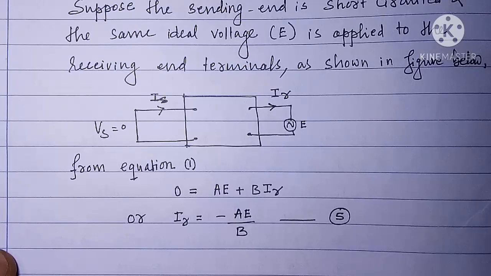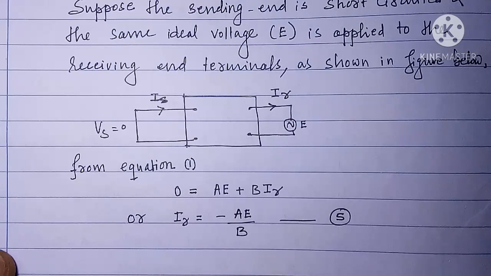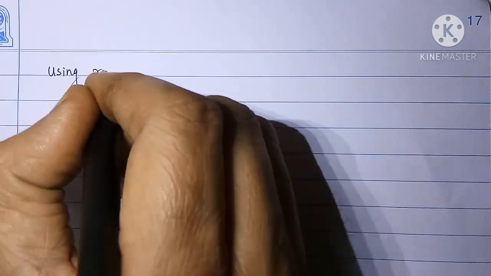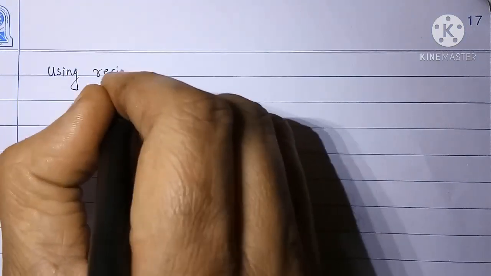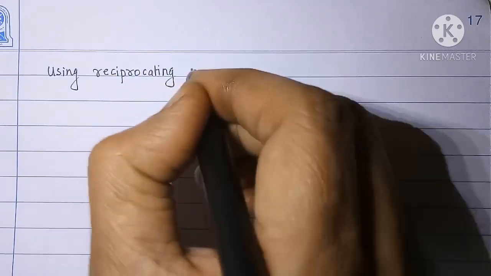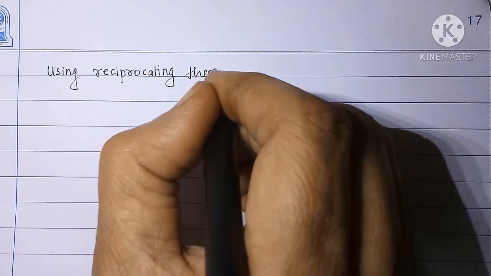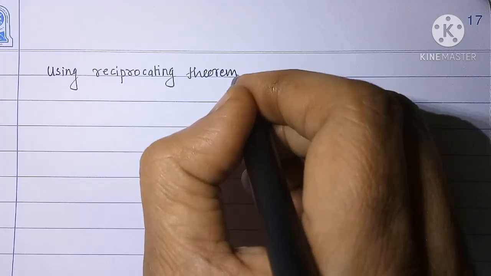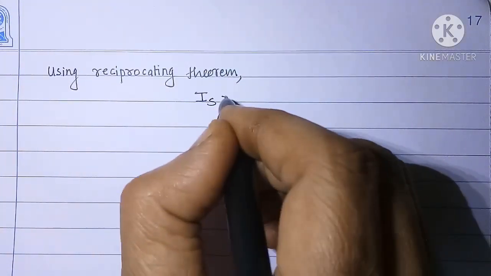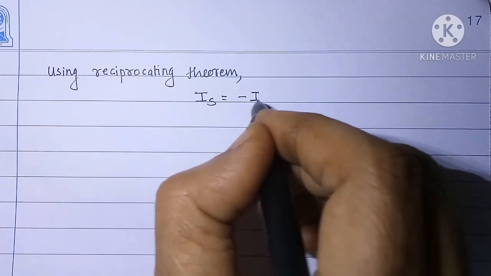You all are learning network analysis, so you must have studied reciprocity theorem. So I'll write here, using reciprocity theorem, Is equal to minus IR.